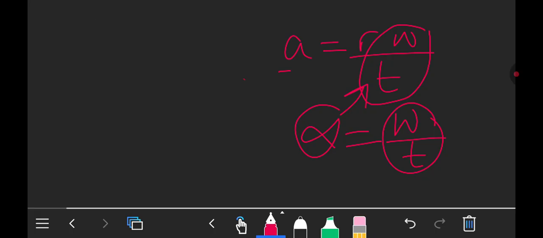So what I have is simply acceleration is equal to radius, where there is omega over time. I can substitute this alpha, which is angular acceleration. So I'll have the equation: linear acceleration is equal to radius multiplied by angular acceleration.